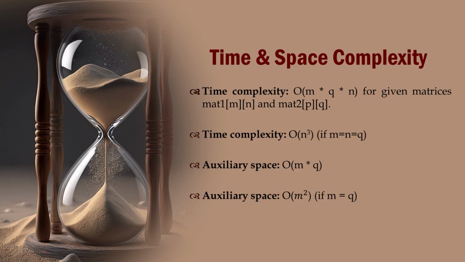So you can say m into q into n for given matrices, matrix 1 having dimension m into n and matrix 2 having dimension p into q. So overall, if m equals n equals q, how many multiplications will be possible? That is order of n cubed.